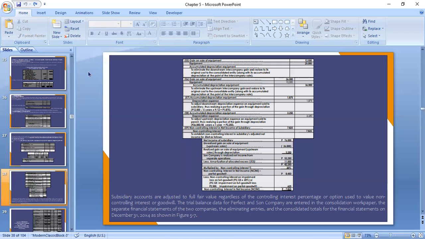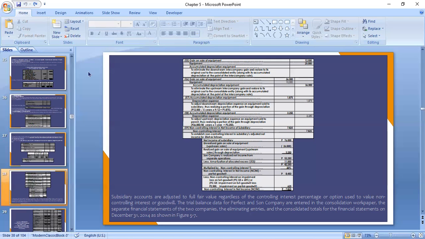So next, entry number 6, we close gain on sale of equipment, debit to equipment, and credit accumulated depreciation. Then we now debit accumulated depreciation, credit depreciation. This is now to adjust downstream depreciation on equipment sold to subsidiary, thus realizing a portion of the gain through depreciation.